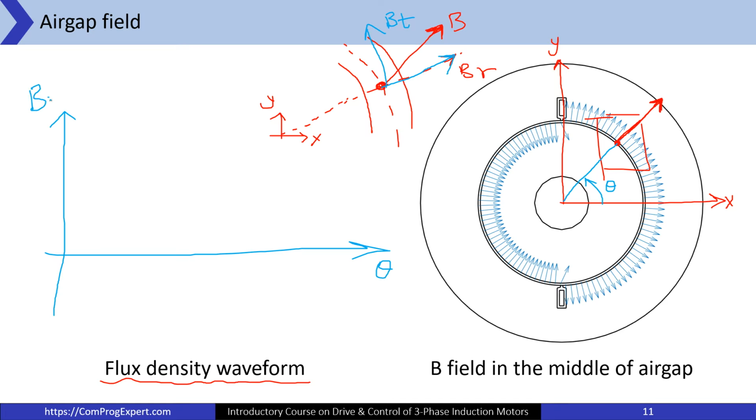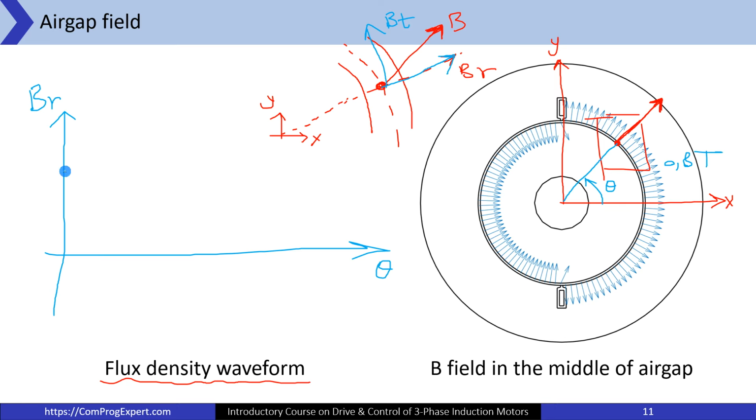Here we use Br, the radial component. If we plot Br versus theta for this example, we have something like this. When theta is 0, we have the peak value for Br, for example 0.8 Tesla.